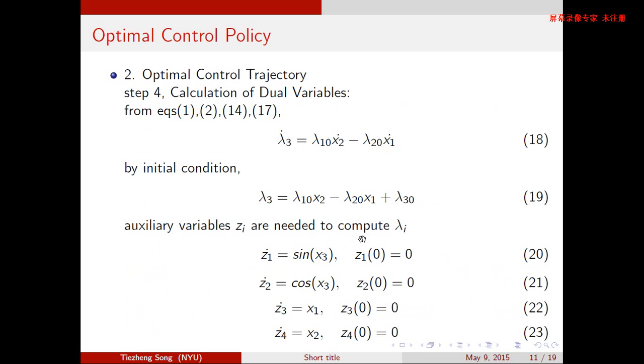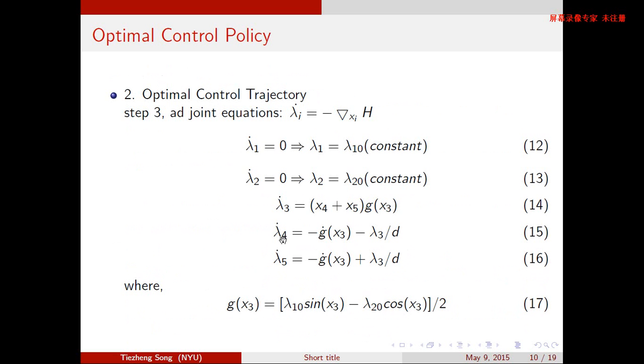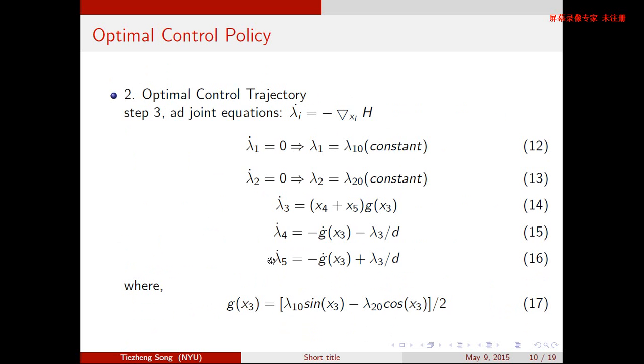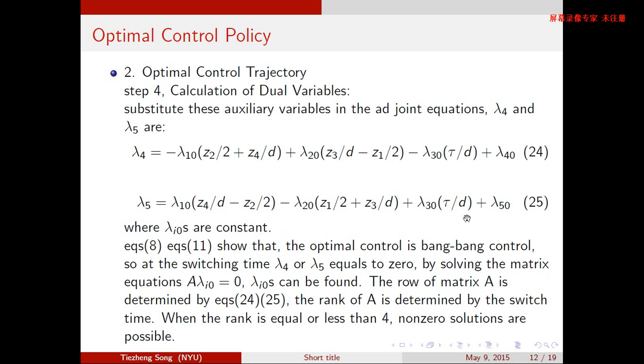Then substitute these auxiliary variables back into the adjoint functions and integrate. We can have these two equations, which are basically functions of time.